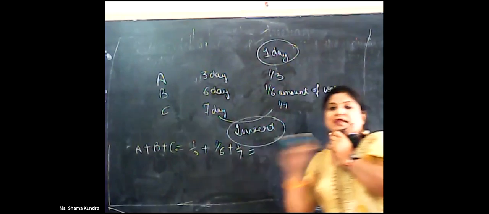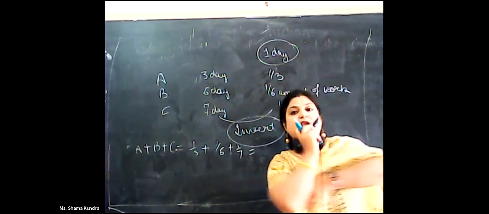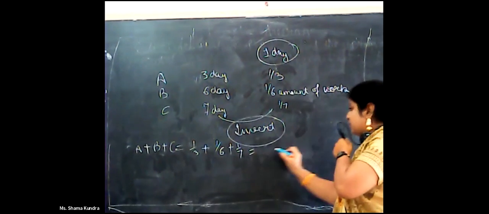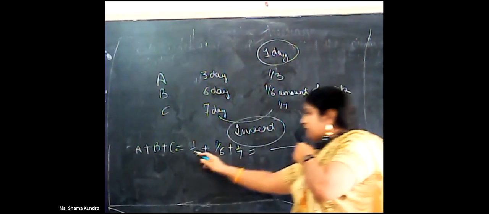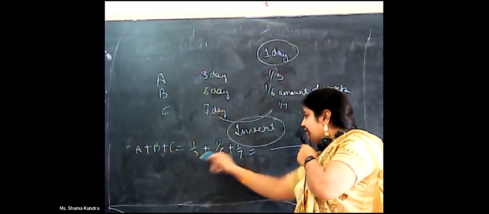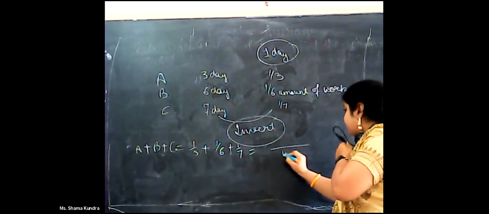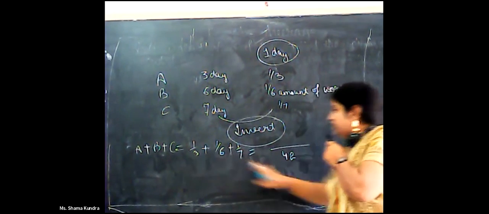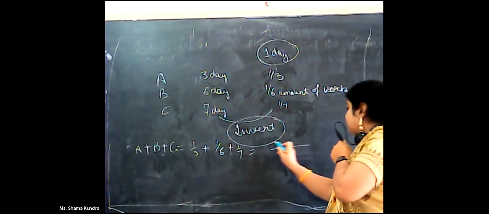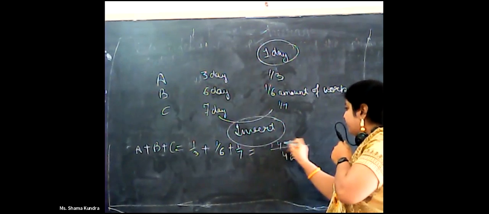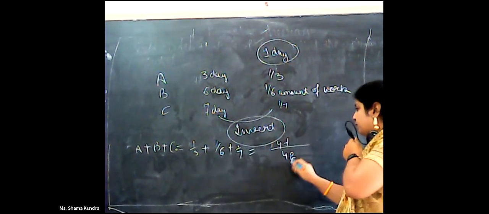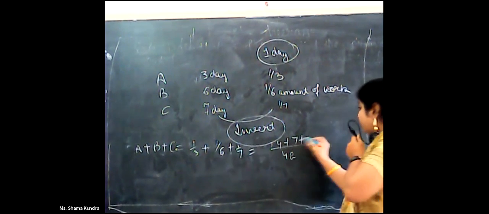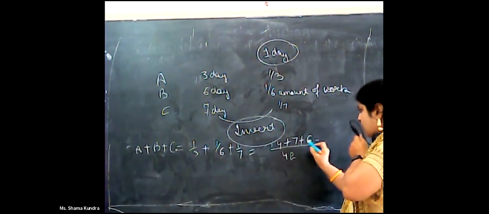In my previous lecture, I taught you how to find LCM. So on taking LCM, 3 divides 6, so leave it; 6 and 7, 6 into 7 is 42. So LCM is 42. Now divide 42 by 3, what you will get? 14. Now 42 divided by 6 is 7. Now 42 divided by 7, what you will get? 6. Now add all these.